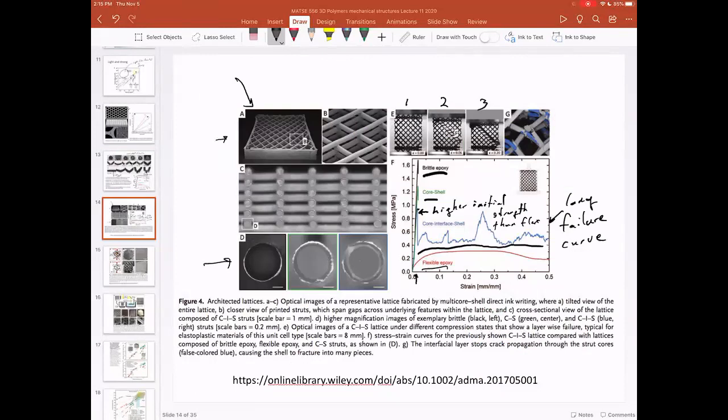And so this really gets into the area of architected materials. And this is something that's interesting in additive manufacturing, because in additive, of course, we can make structures that are really hard to make otherwise. It's really hard to injection mold a mesh that looks like this, especially at this length scale. So that's cool.